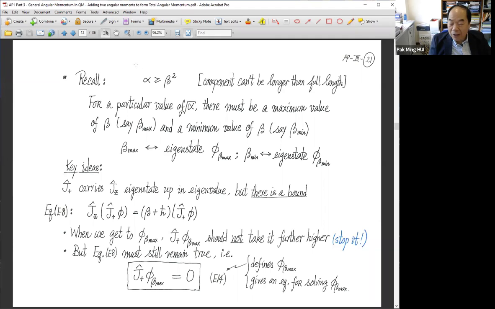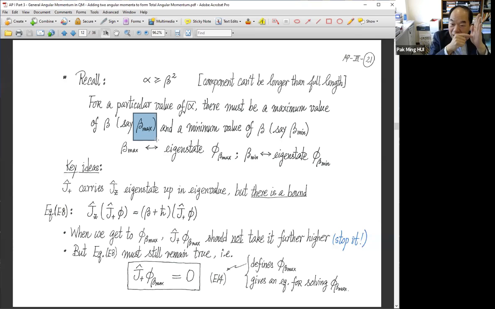So the physics now is it increases or decreases in steps of H bar, all right, but the component cannot be longer than the magnitude. That's the point, okay? So as it goes up in H bar steps, there should be a maximum that is shorter than the length.